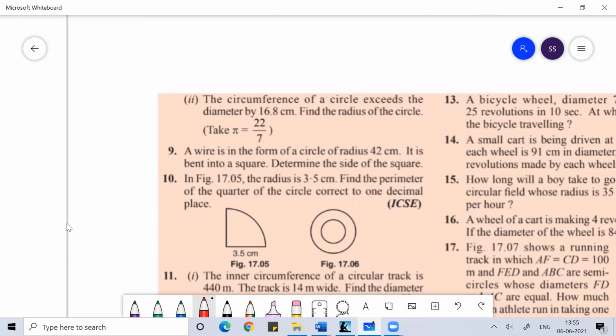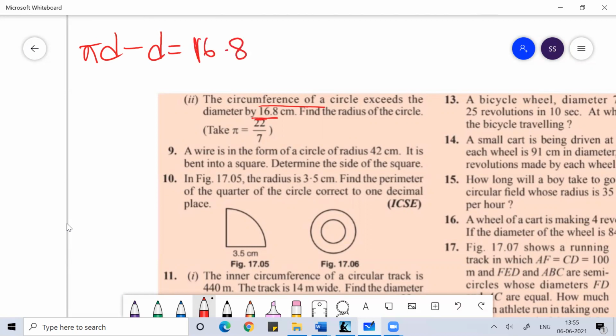98 by 25. The circumference of a circle exceeds the diameter by 16.8. Find the radius.